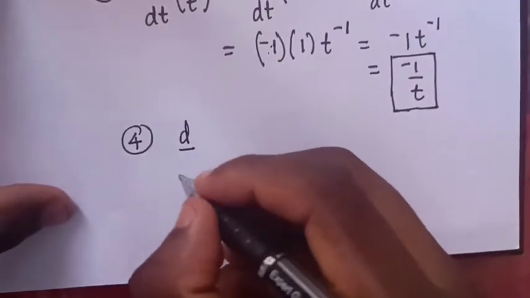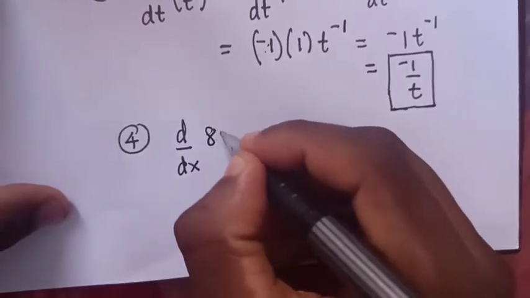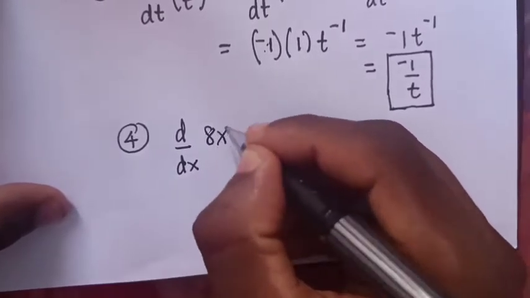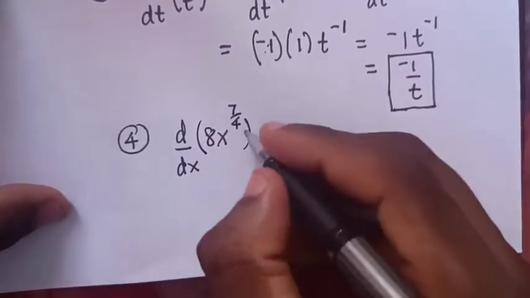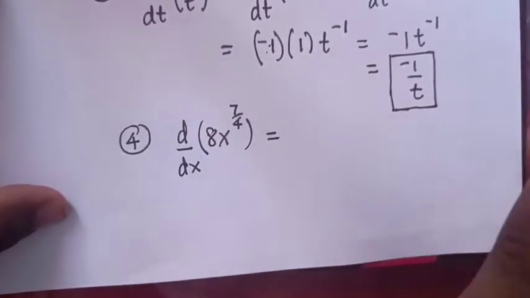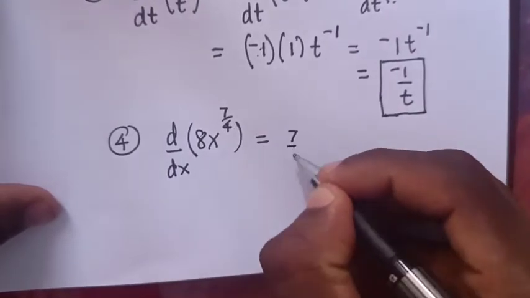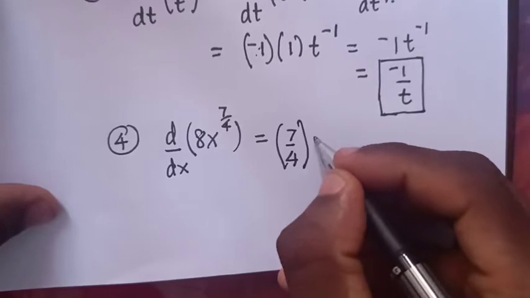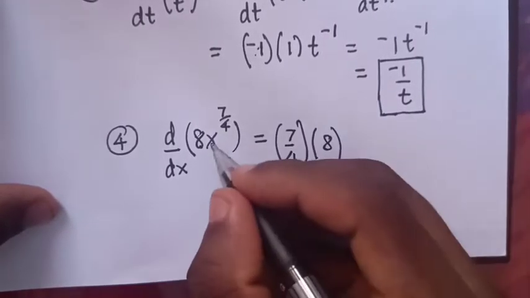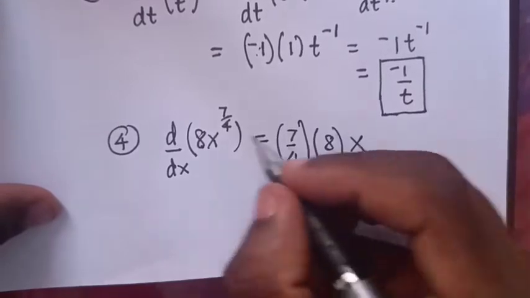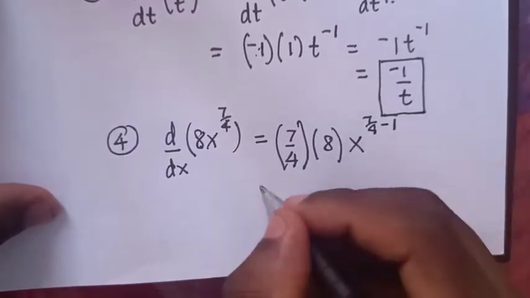Let's go to example 4. The derivative of 8x to the power of 7 over 4 with respect to x. Our exponent is 7 over 4 times our coefficient 8 times x to the power of 7 over 4 minus 1.